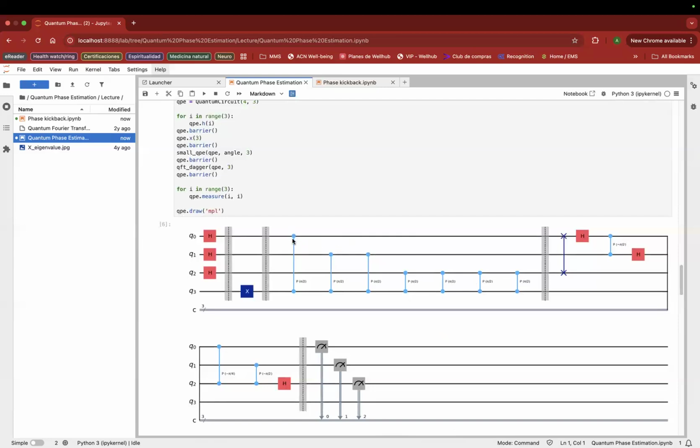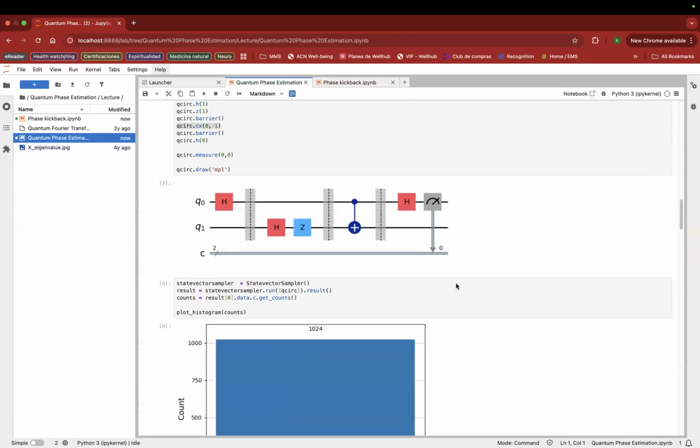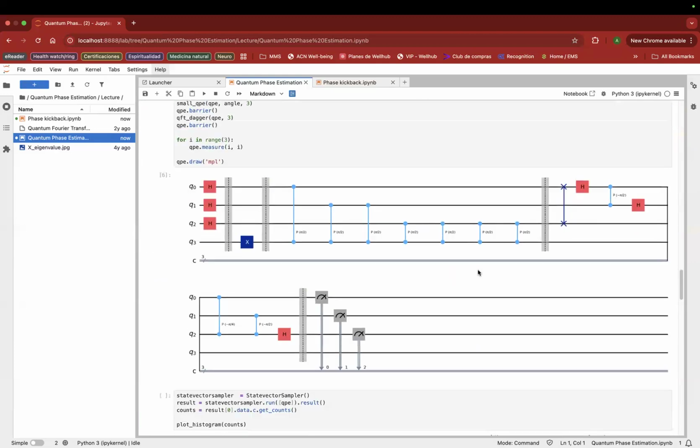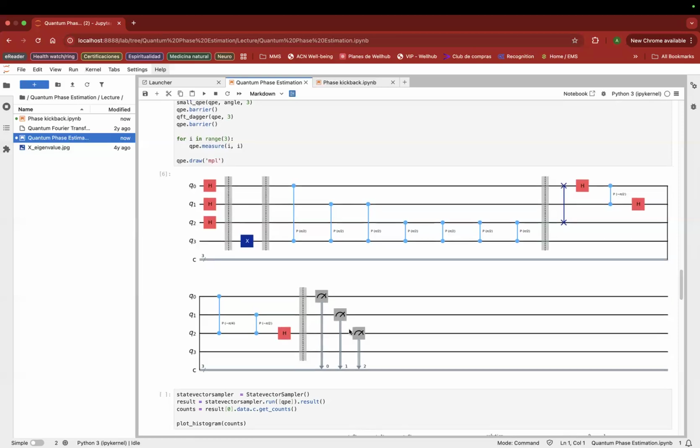It means that here it is applied to the first control qubit once, to the second control qubit twice, because it increases exponentially, and finally to the third control qubit 4 times. And finally, we apply the inverse quantum Fourier transform algorithm to be able to measure the phase of the solution in the eigenstate.